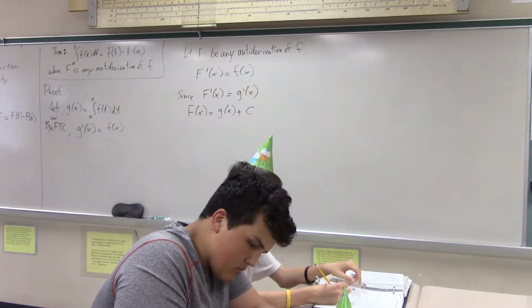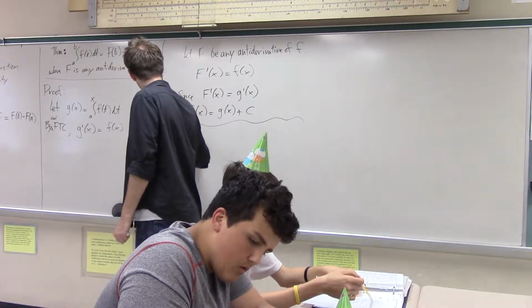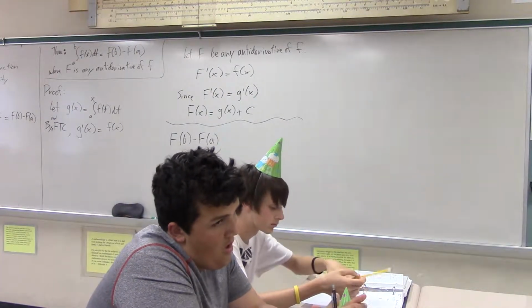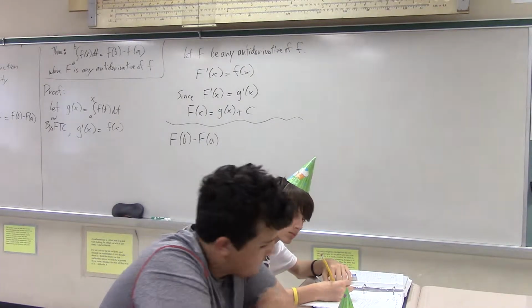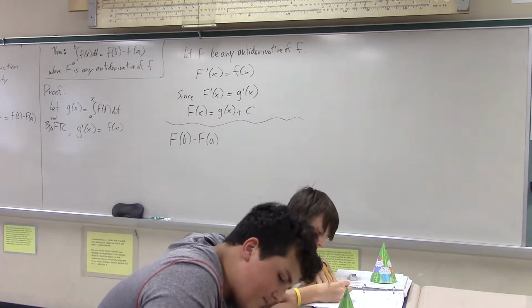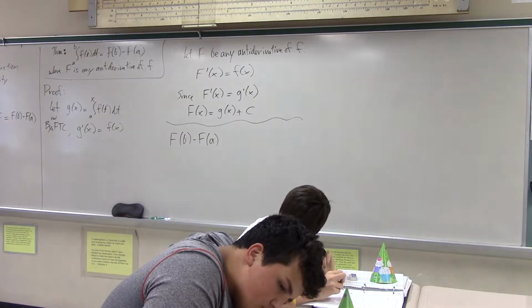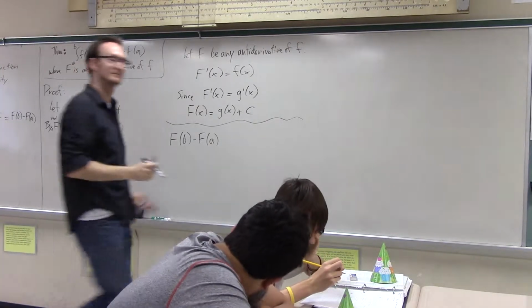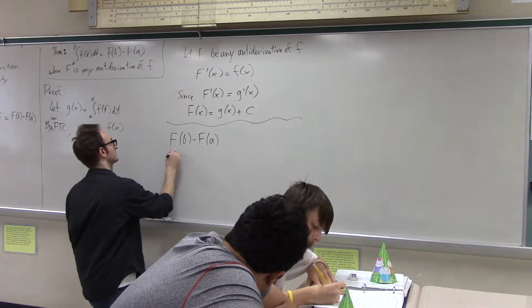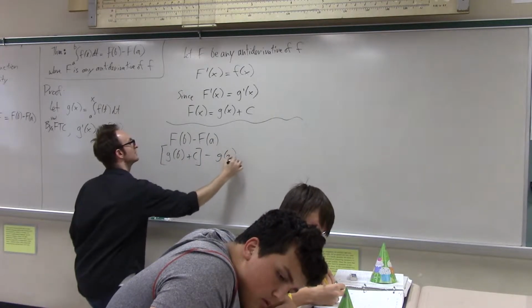Well, if that's true, then just compute F of b minus F of a. Do it. F of b is g of b plus c, minus g of a plus c.